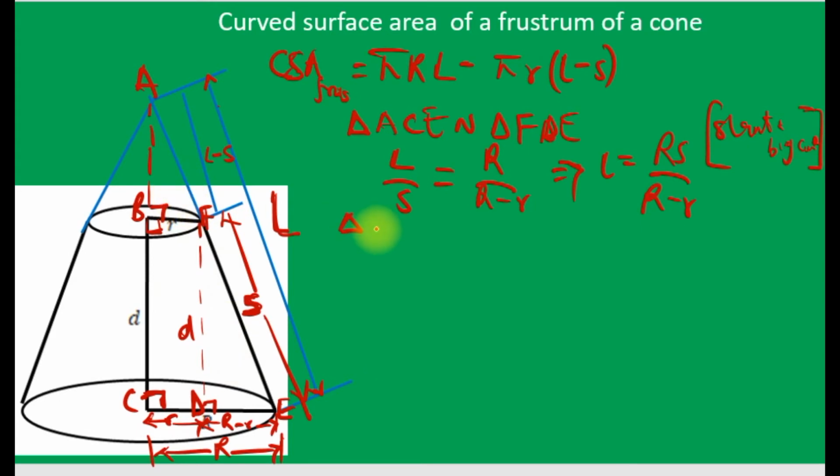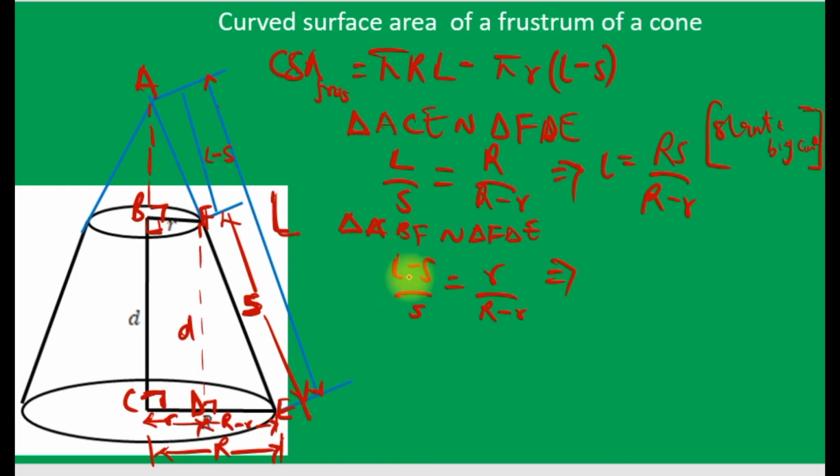So triangle A, B, F is similar to triangle F, D, E. Therefore, the slant height of this one, L minus X, over the slant height X, equals small r over R minus r.